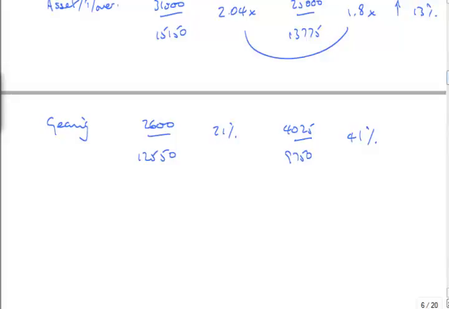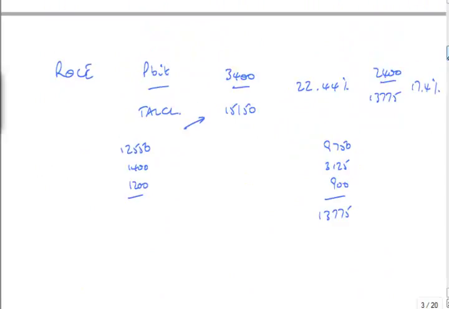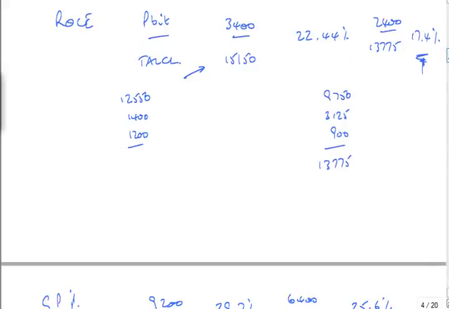So, what can we say? How can we interpret it? We've got a solid increase in return on capital employed, where we're now returning 22.44 compared with 17.4.